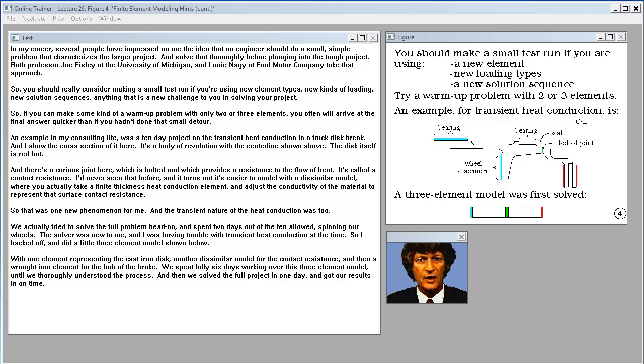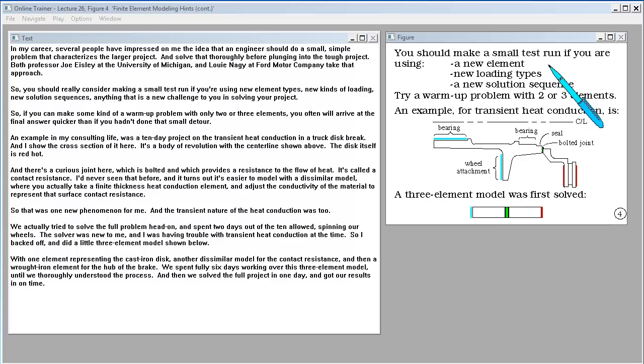In my career, several people have impressed on me the idea that an engineer should do a small, simple problem that characterizes the larger project and solve that thoroughly before plunging into the tough project. Both Professor Joe Isley at the University of Michigan and Louis Nagy at Ford Motor Company take that approach.